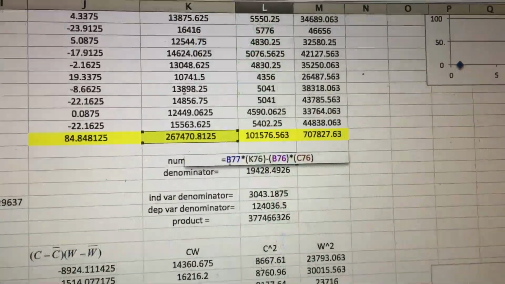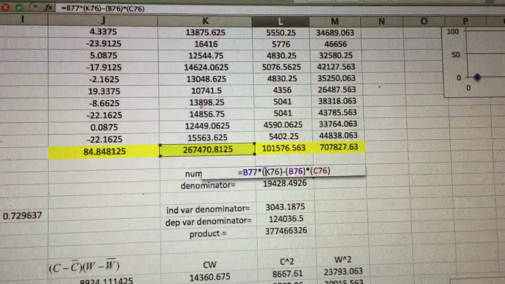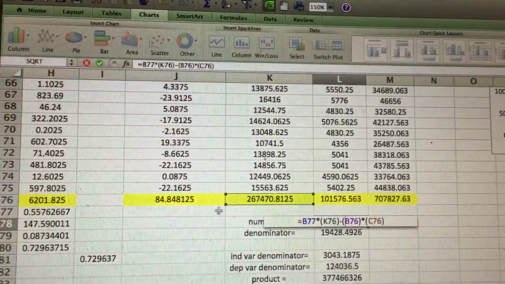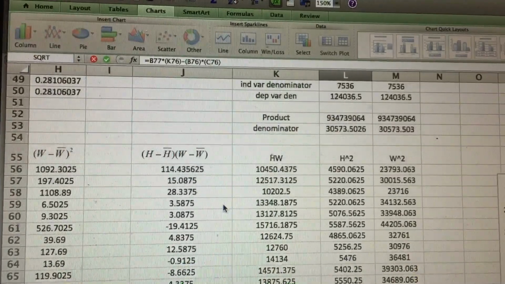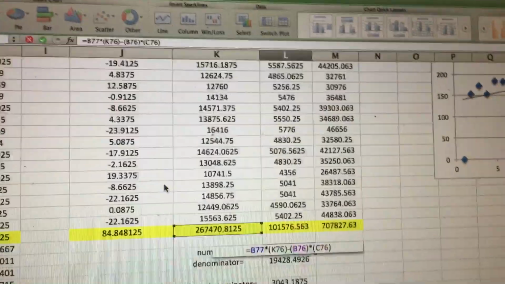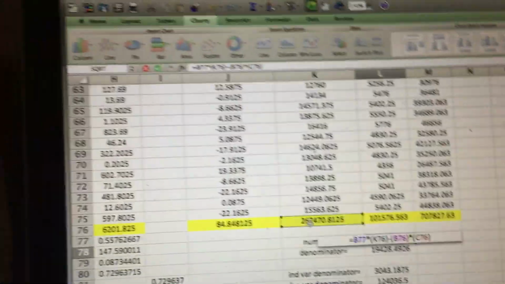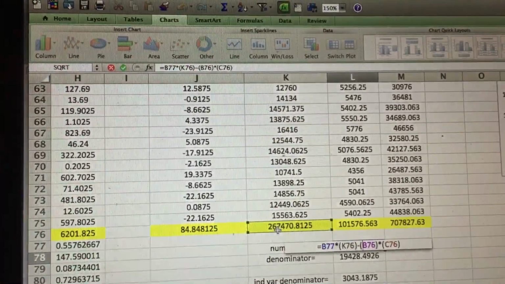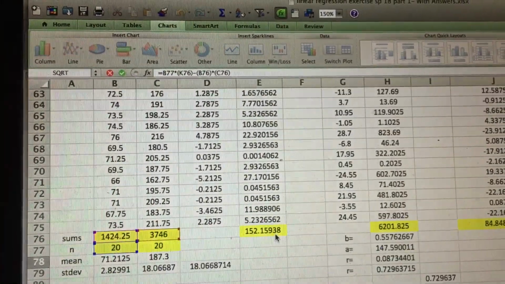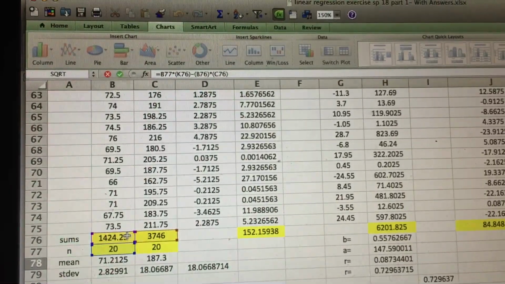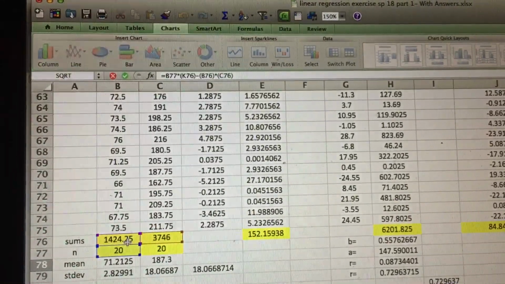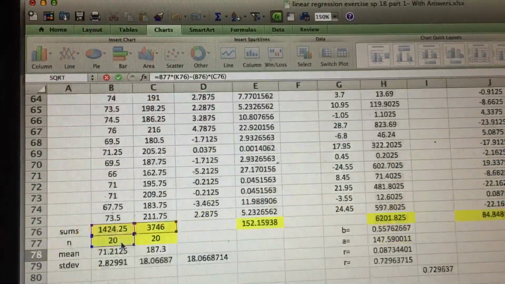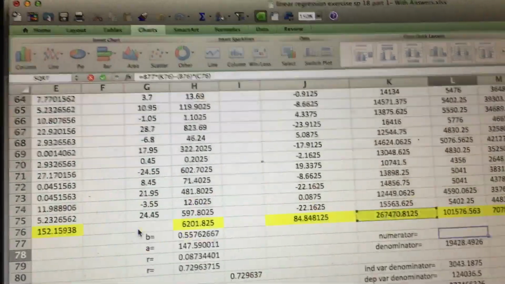Numerator, we've got this times xy, which is K76, right, minus the sum of B76 and the sum of C76.